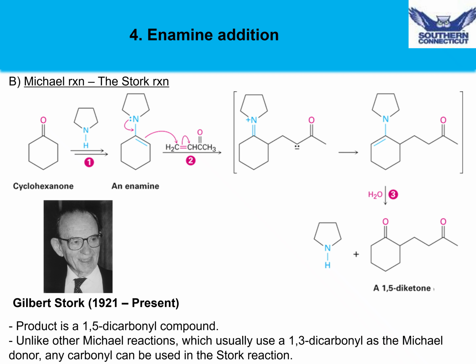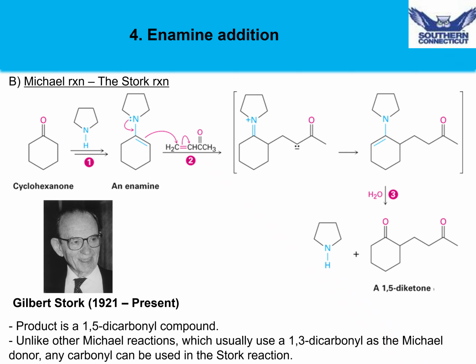Enamines will do all sorts of reactions that relate to what enolates and enols do. For example, they can do reactions very similar to the Michael reaction. When it comes to using an enamine, we're essentially replacing the enolate with an enamine in the Michael reaction.